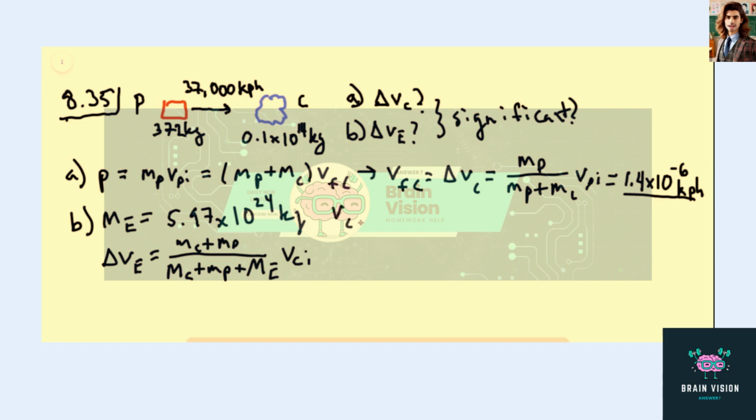And we're told that the comet is going 40,000 kilometers per hour with respect to the Earth.